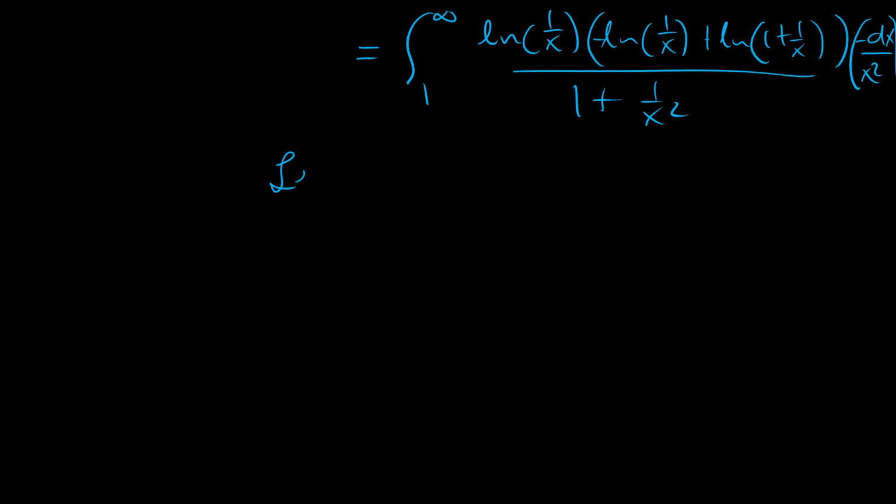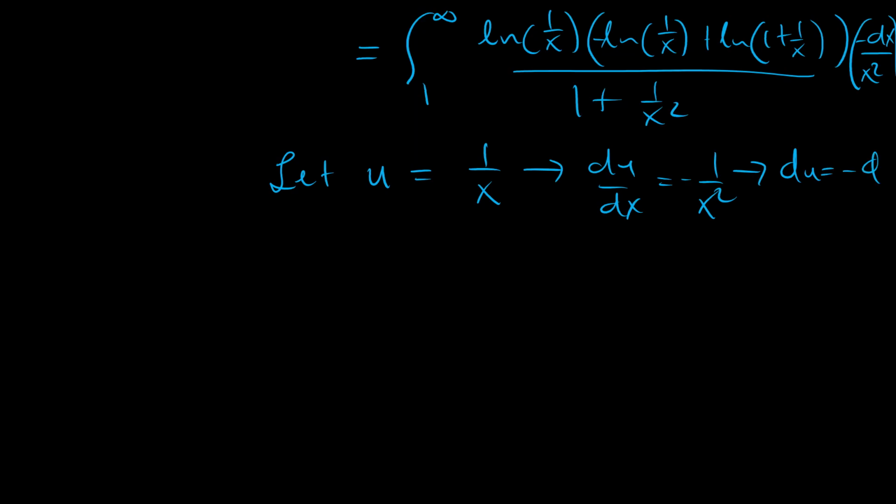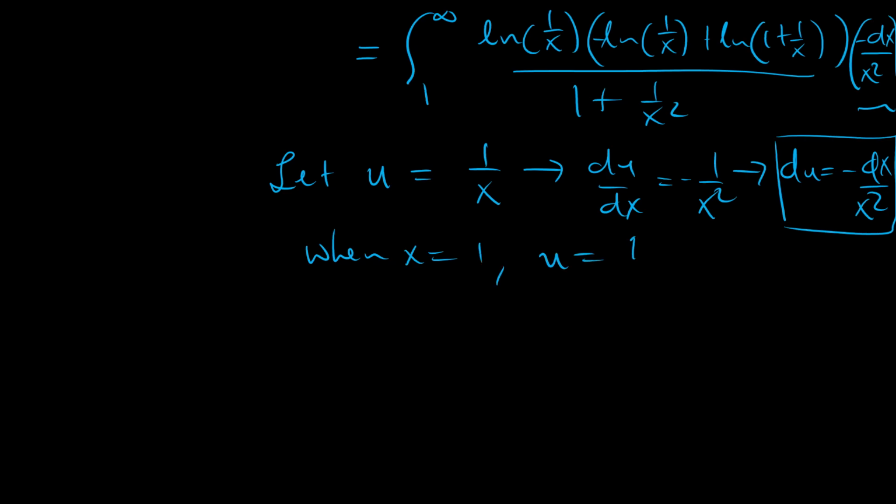Then here we can say let u be equal to 1 over x such that du dx is equal to negative 1 over x squared such that du is equal to that. And there's a reason that we did that. When x equals 1, u equals 1.